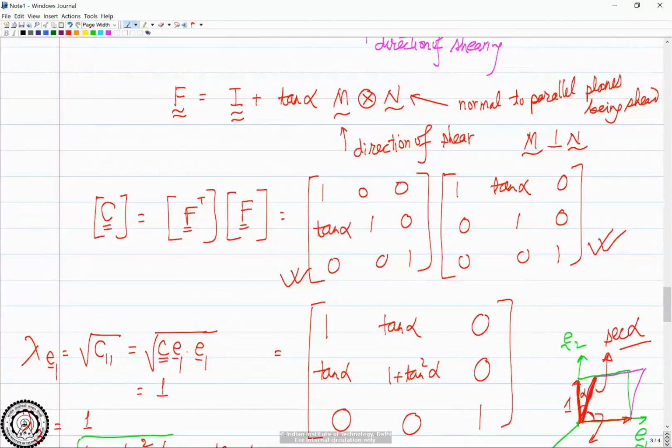So you get 1 into 1 into 1 minus 0 into 0, 1. You do it and you will get 1. And in fact, there is a nice formula. If you have a lower triangular or upper triangular matrix, then the determinant is simply the product of the diagonal. And in this case, you can see that it is an upper triangular matrix. So the determinant is going to be the product of the diagonals, which will give you 1.